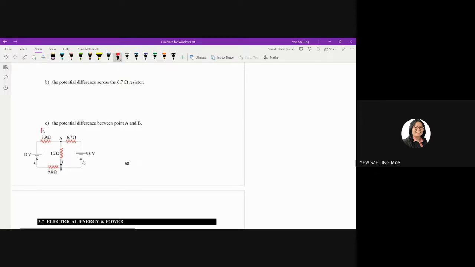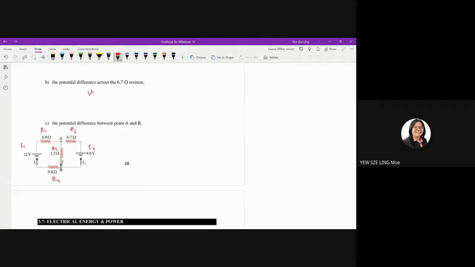So just now we have R1, R2, R3, R4, EMF1, EMF2. So R2 is this resistor, the 6.7 ohm resistor. So the current flowing through R2 is I2.